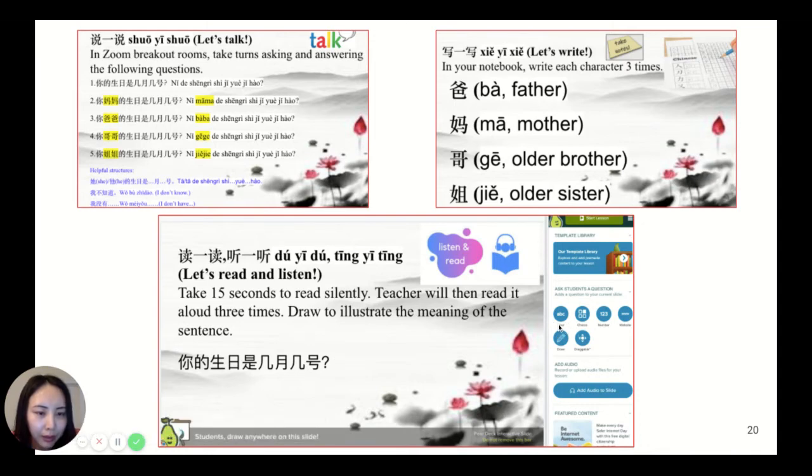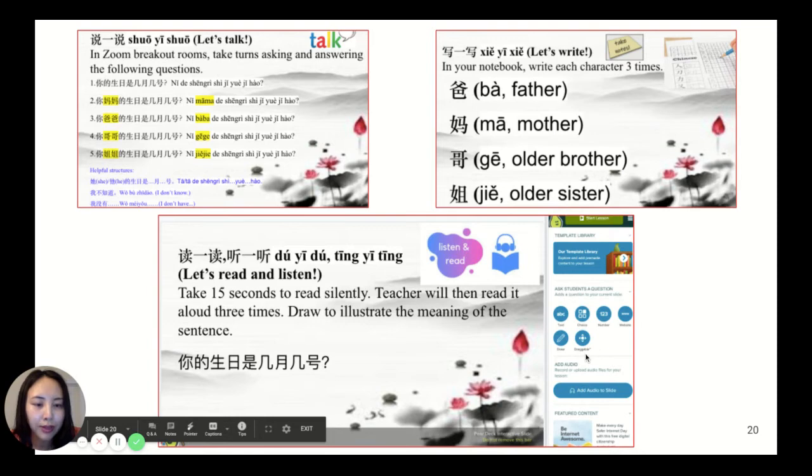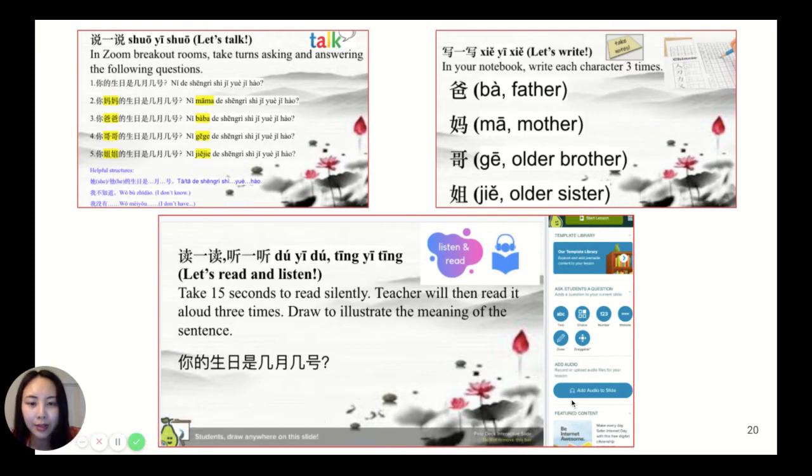And then here, as you can see, I have different choices. I can add text and multiple choice questions, and numbers, websites, drawing, draggable questions to students. I can also add audio to the slides so that students really get a very functioning slide page they can interact with and get the most of the slide.